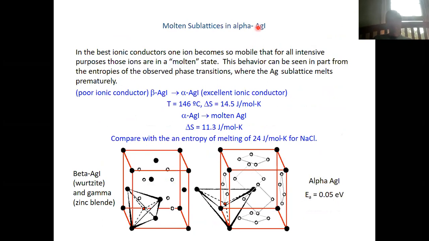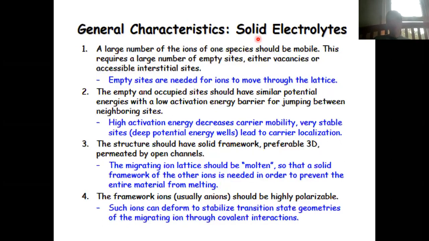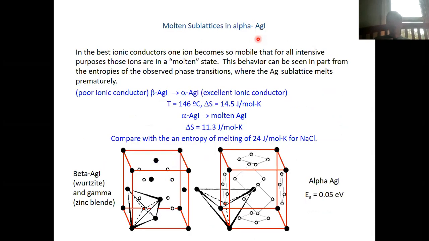For this compound, certainly rule number 4 would be fulfilled. We have anions that are highly polarizable. Iodide ions, just due to their size, are highly polarizable anions.